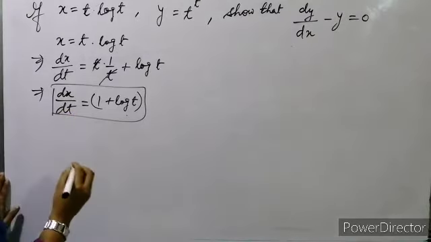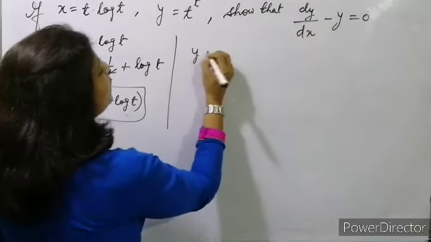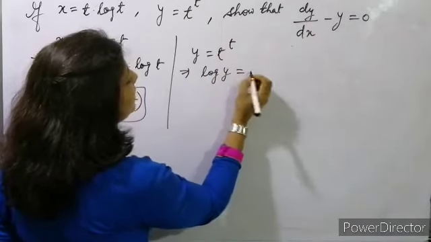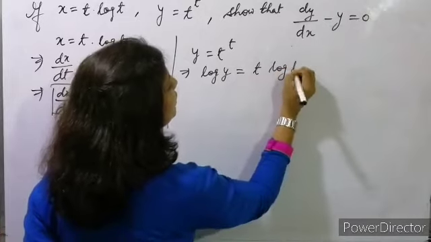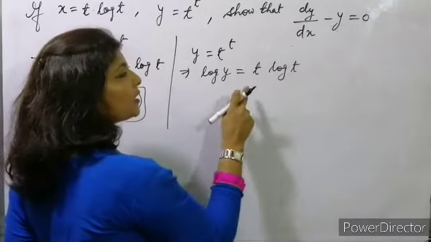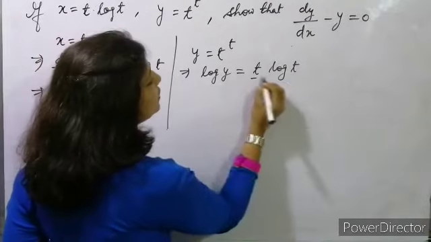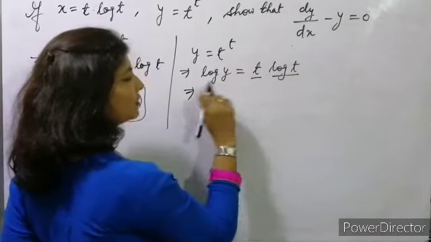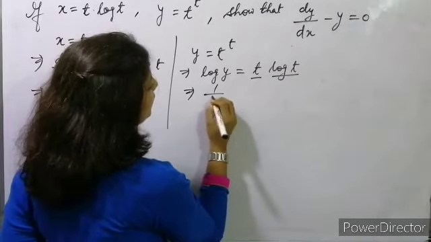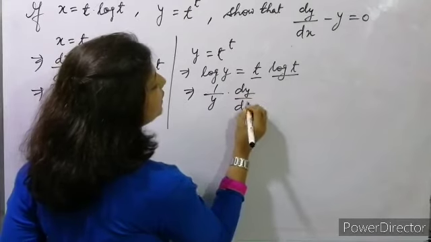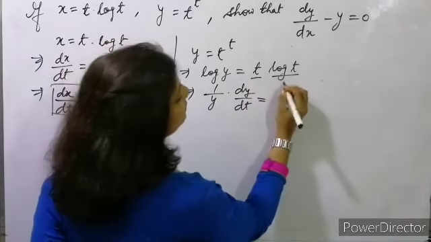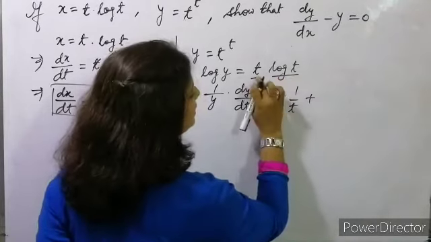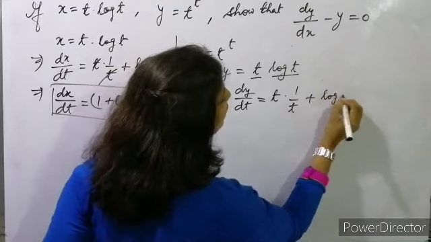Now the second one, that is y is equal to t to the power t. Applying log on both sides, log of y is equal to t log t. How t log t? Because by using the basic law of logarithm we got this one. So these two will be in terms of u and v, and when we apply differentiation with respect to t, it will be 1 upon y into dy by dt, and we keep this constant, it will be 1 upon t, and when we keep this constant, it will be 1, so 1 into log of t will be log of t.